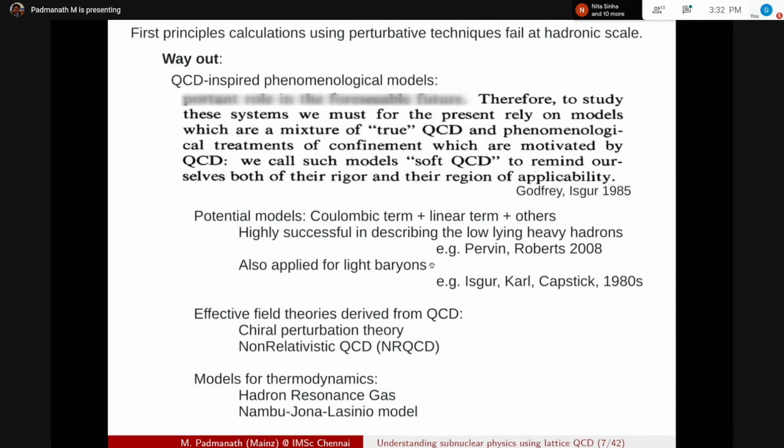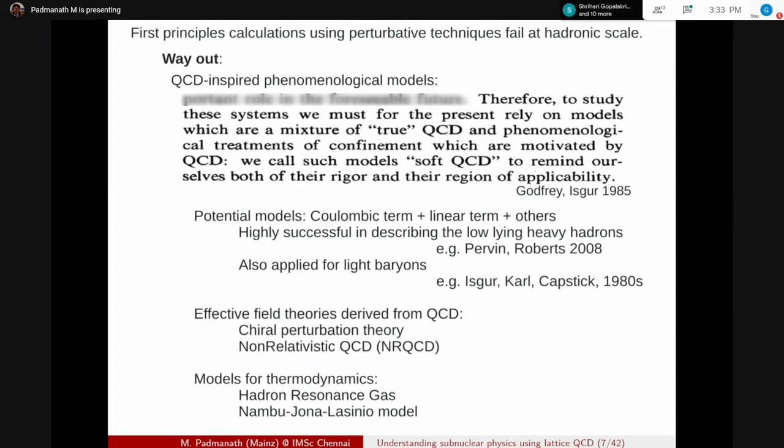Thanks. So these kinds of potentials are used to study the spectrum of heavy hadrons. In fact, mainly they were earlier studied for low-lying heavy hadrons, a calculation by Baryon and Roberts from 2008. These are also applied for light baryons. But because chiral symmetry is already spontaneously broken there, you need some other techniques.